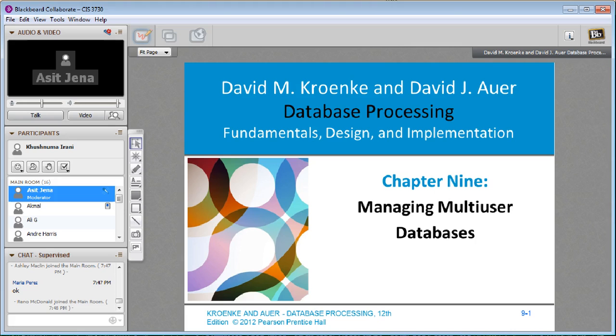SQL is a pseudo language. It's not a full-fledged programming language. It doesn't have a lot of the constructs of a traditional programming language, and it has its limitations. But on the other hand, it's relatively simple, and it empowers non-computer programmers to store and retrieve data from the databases.